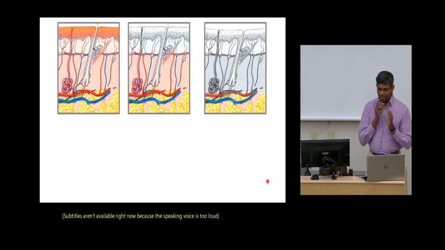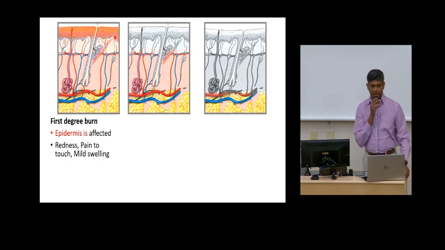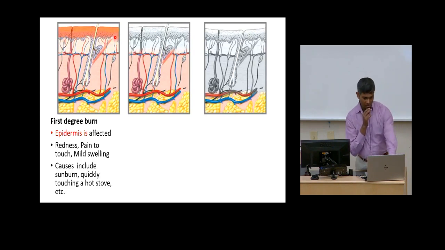So we see that burn injuries can be staged or classified as 3 types. You have the first, second, and third degree burns. First degree burn is where only the epidermis is affected, and some of the clinical manifestations could be redness, pain, and mild swelling, and the causes of this could include just getting a sunburn, or maybe touching a stove very quickly.